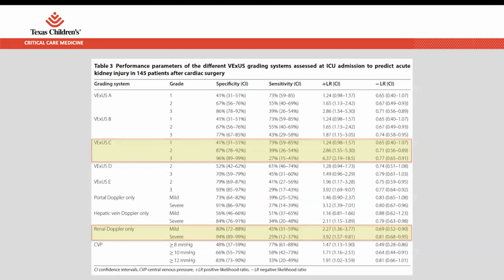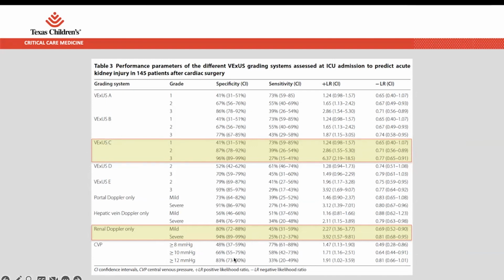Portal vein Doppler changes can happen in normal athletes, so we might see a notching of the portal vein tracing in someone who's just very good at marathons and stuff. And when we look at the original data from the paper that designed VExUS, we can see that when compared to VExUS C, the one that ended up becoming VExUS as we know it, the test characteristics are pretty approximate to what is seen for renal Doppler.